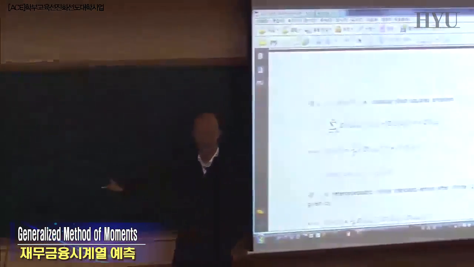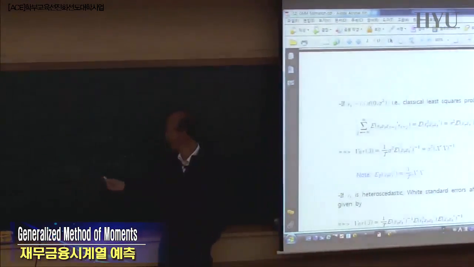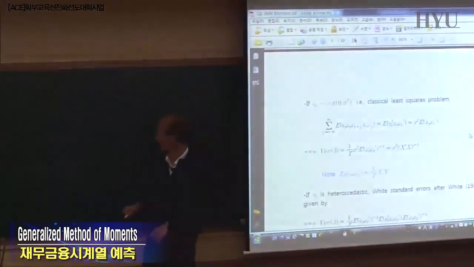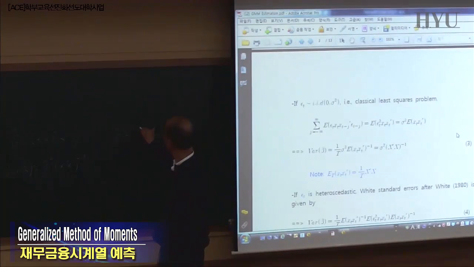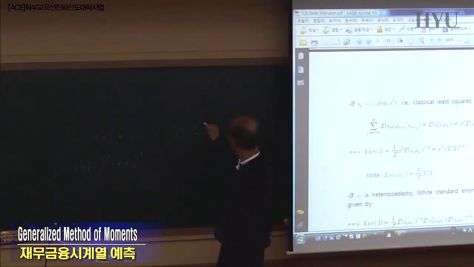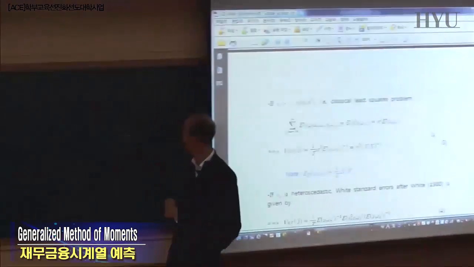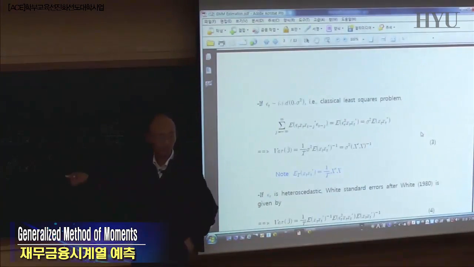Obviously, sigma hat squared is the summation of epsilon t squared divided by t minus the number of parameters. Then you're all done.